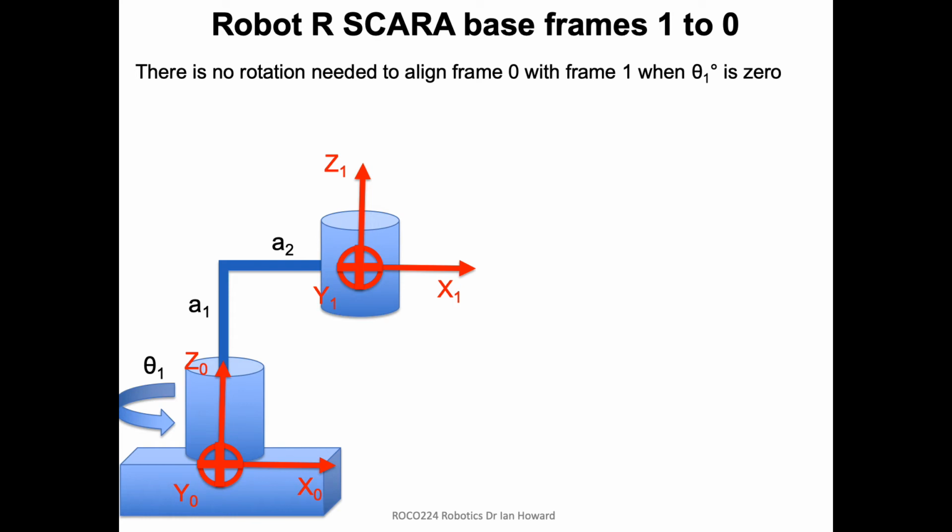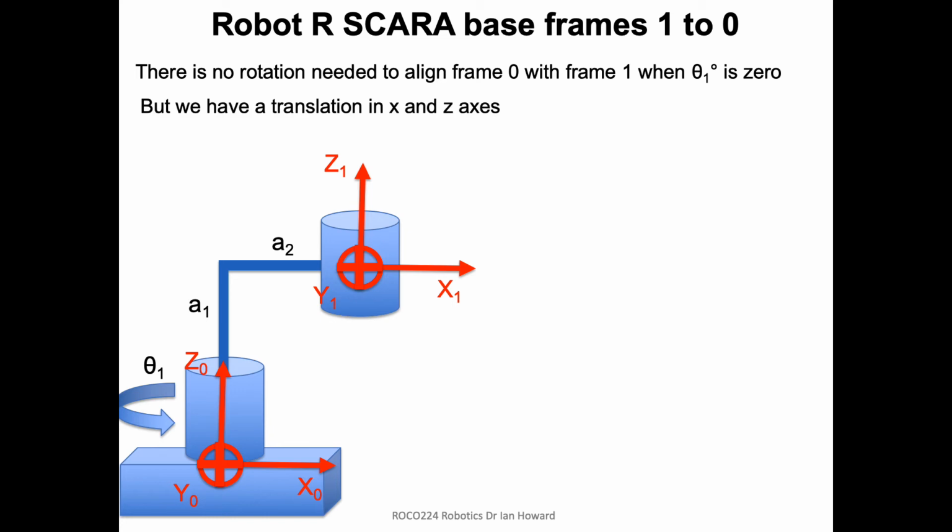Now, just looking first of all at the axes in terms of alignment when there's no theta 1 involved, we see that actually they're already completely aligned, right? We don't have to do any extra alignment first. So there's no first rotation that we have to do to get the axes pointing in the same direction.